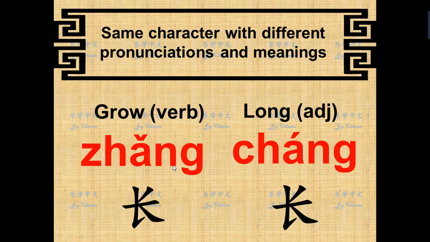Zhang is a verb, means grow. If you pronounce it as ch, ang, chang, second tone, it means something is long. Our life is long. So, zhang, chang. Same character having different pronunciations and different meanings.